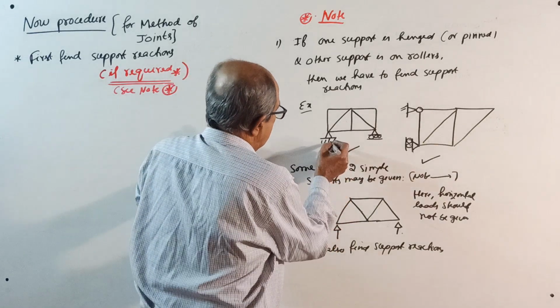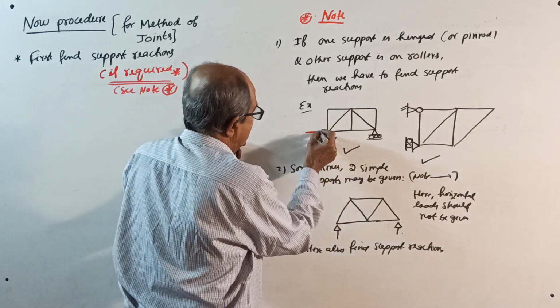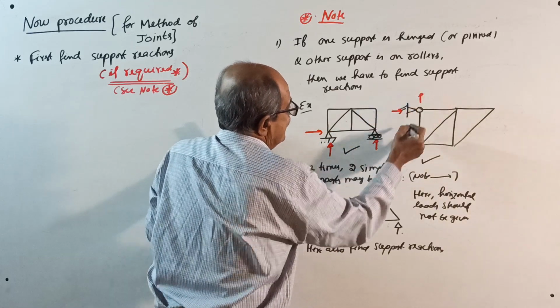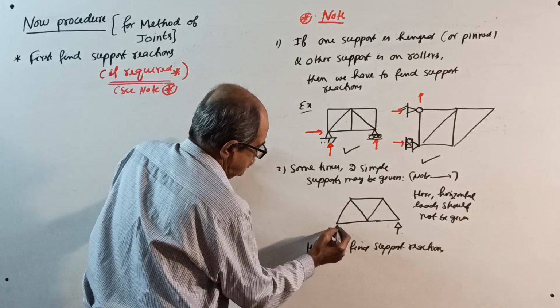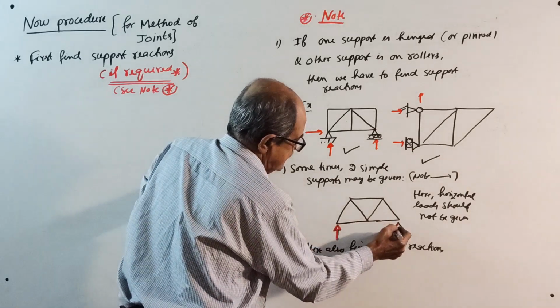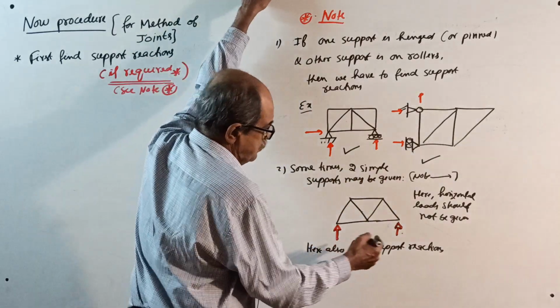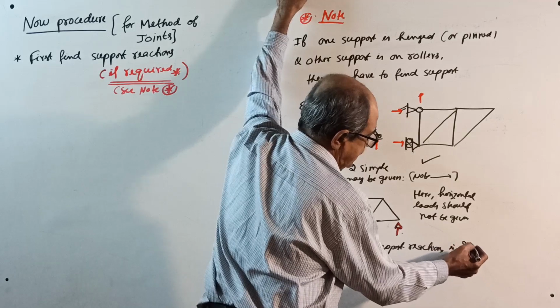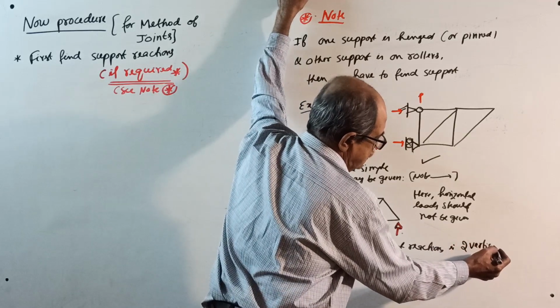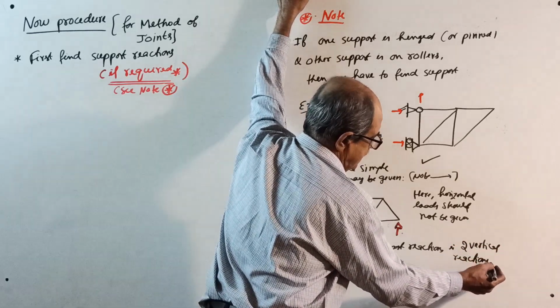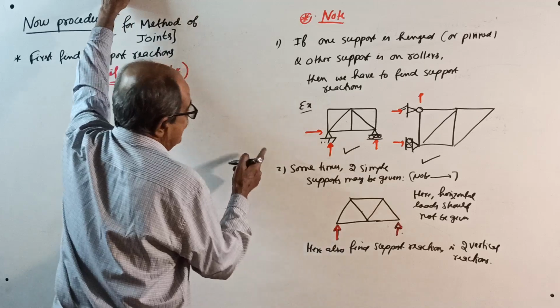Here also show a support reaction, in red color. Here also find support reactions, that is 2 vertical reactions, no horizontal reaction.